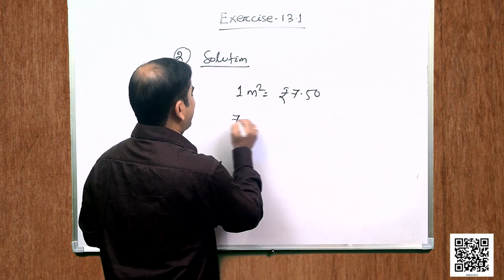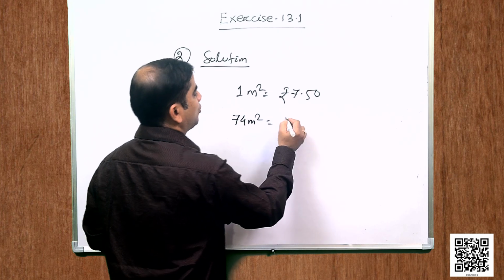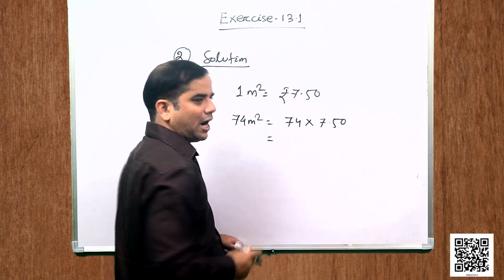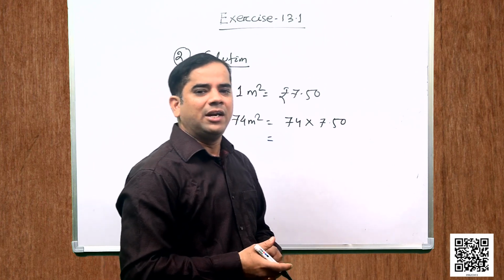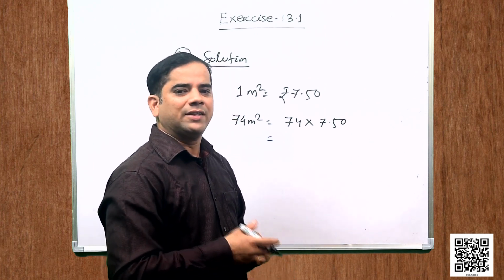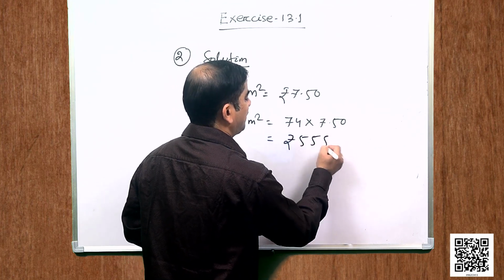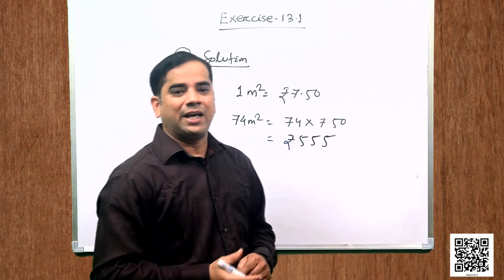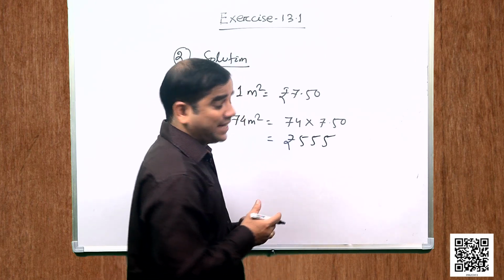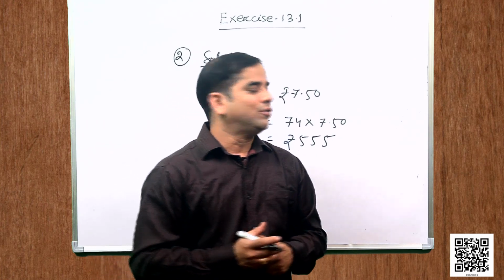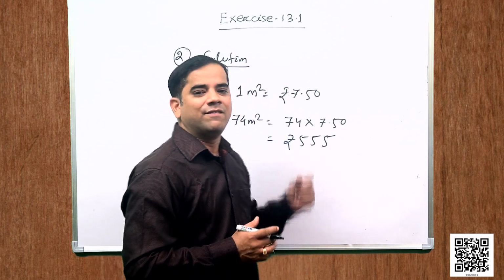So for 74 meter square it would be 74 into 7.50, and when you calculate we will come to the conclusion that it will give us rupees 555. So the expenditure for whitewashing the walls and the ceiling of the given room will be rupees 555.